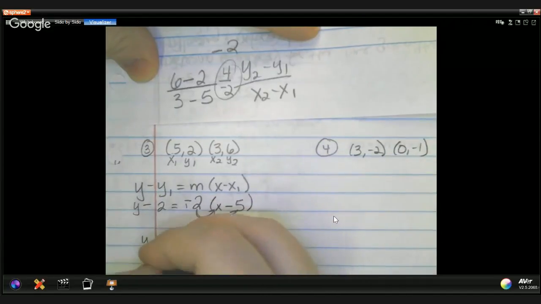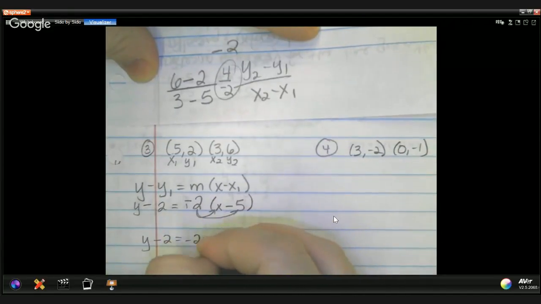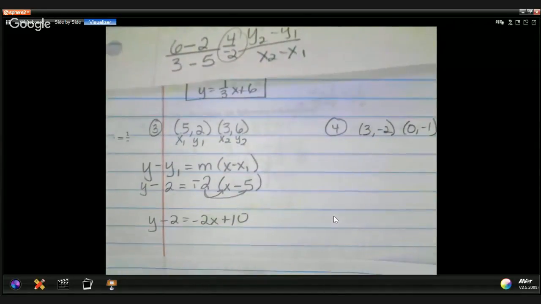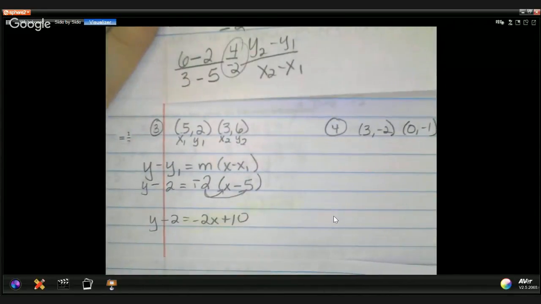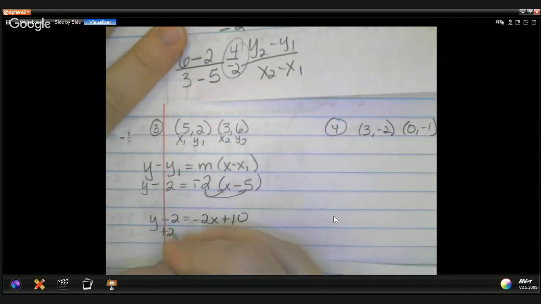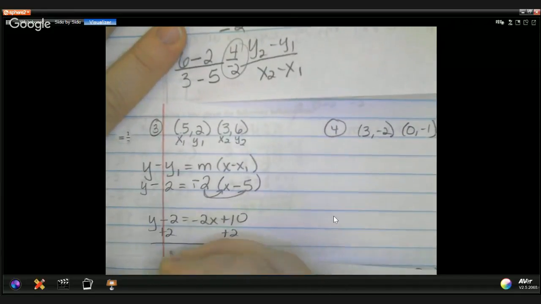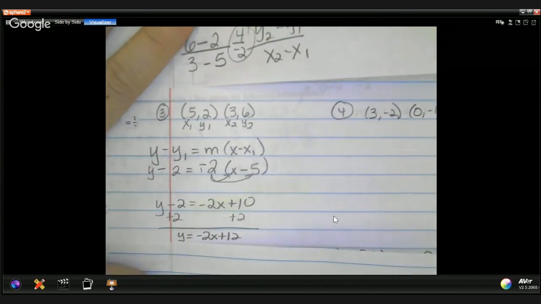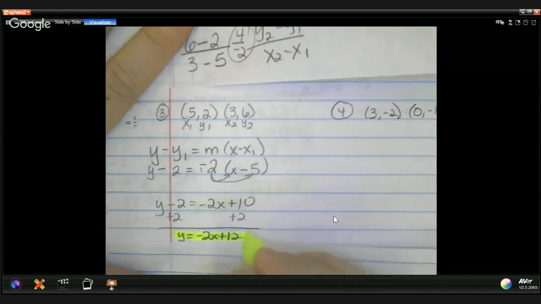So I get y minus 2 is equal to negative 2x plus 10, because a negative 2 times a negative 5 is positive 10. And now I just have to add 2 to both sides. And so you get y is equal to negative 2x plus 12. And that's the answer for that problem. So if I ever have those coordinates, this is the only line that will go through both of them.